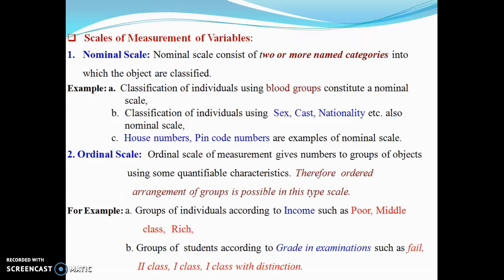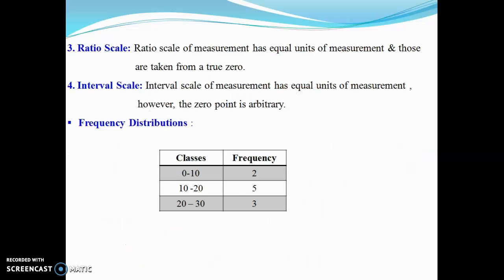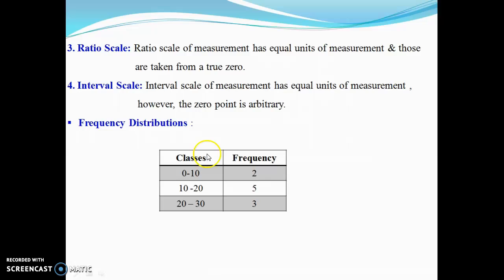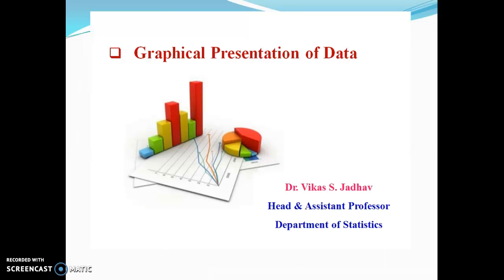After that, we discussed various scales: nominal scale, ordinal scale, ratio scale, interval scale, and frequency distribution with suitable examples.